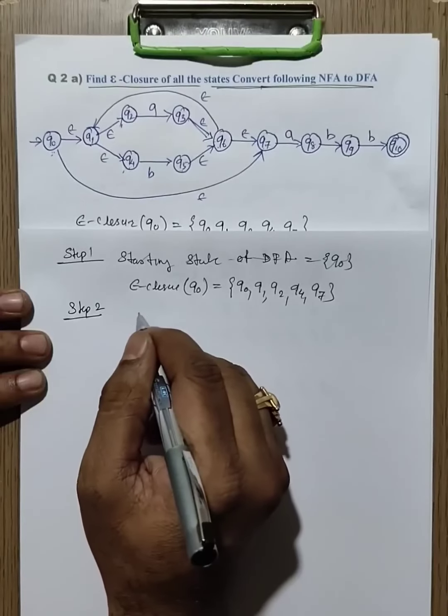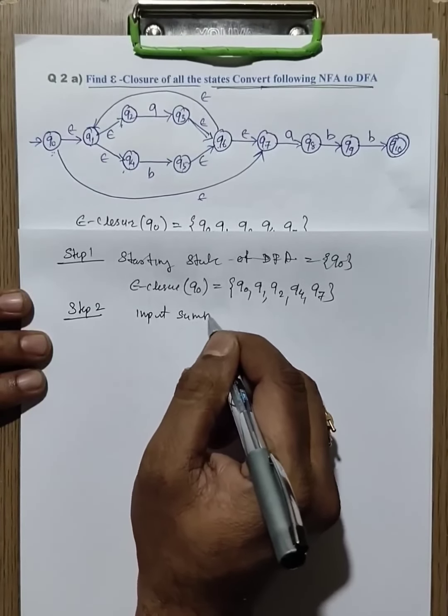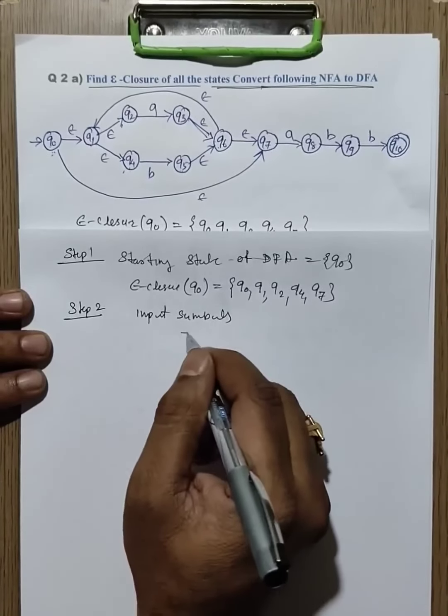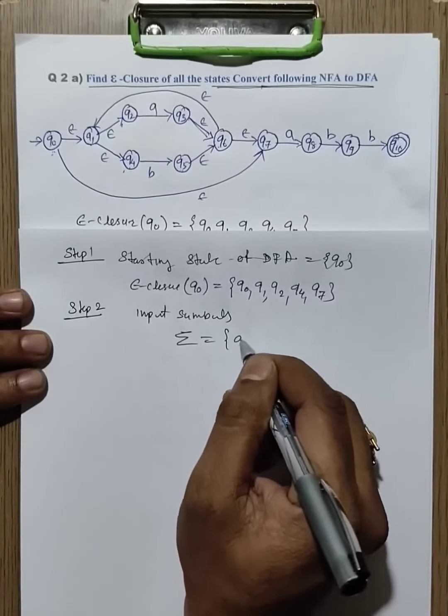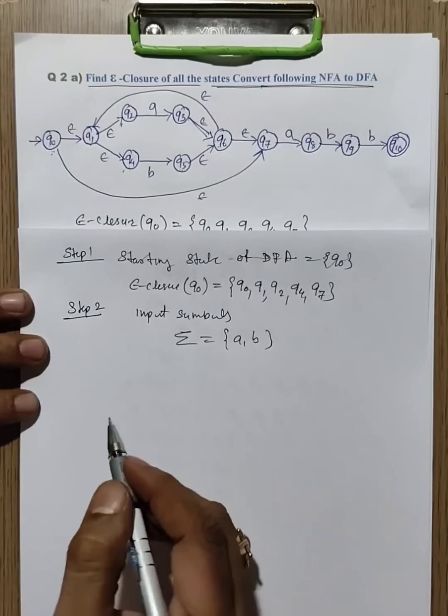Step 2: the input symbols of the DFA are A and B. There are two input symbols.